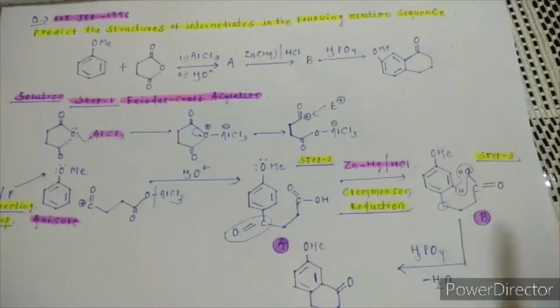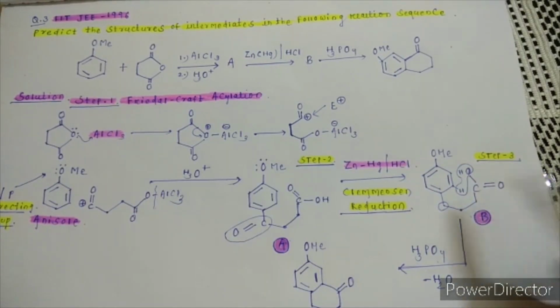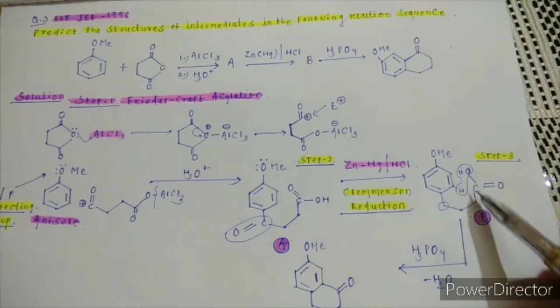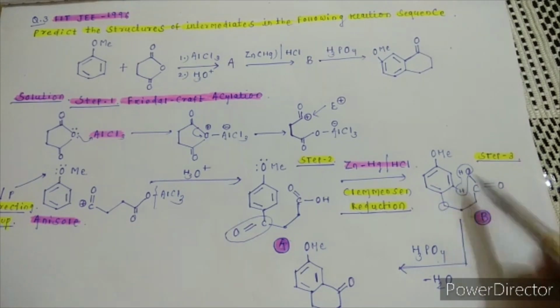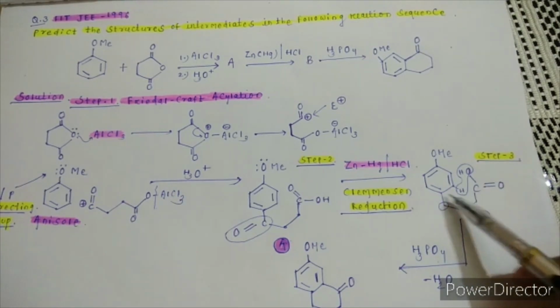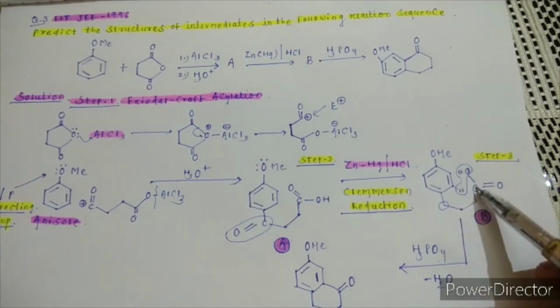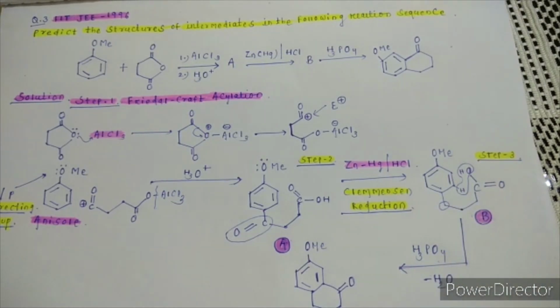The OH group from this carbon and here this carbon, because it will form a stable 6-membered ring. You know a 6-membered ring is a stable compound. So the hydrogen from this carbon and the OH group are lost as a water molecule, and then you get this compound.